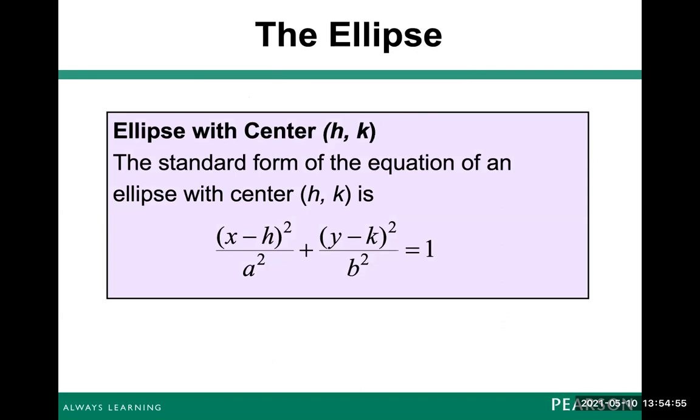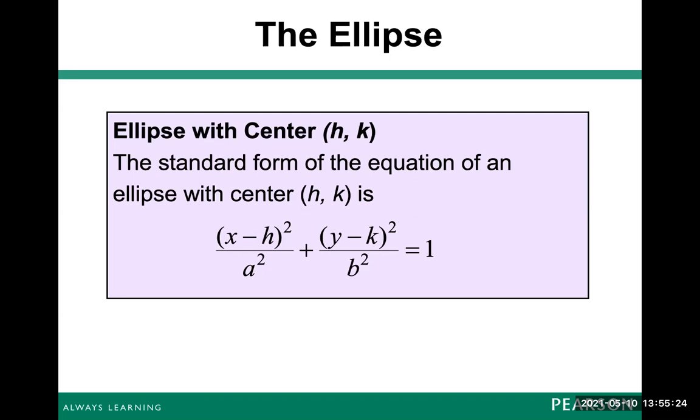So that would shift it h units to the right, and replacing y with y minus k would shift it k units up. And then, of course, if either h or k is negative, for example, if h was negative 2, you would have x minus negative 2, which would appear as x plus 2. Okay. Now, you have to deal with the values of a and b a little differently.